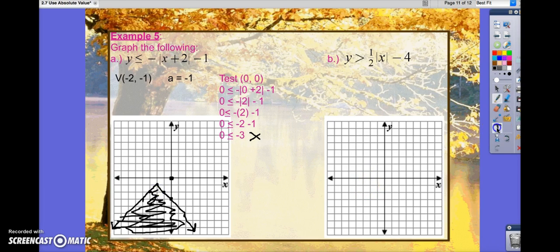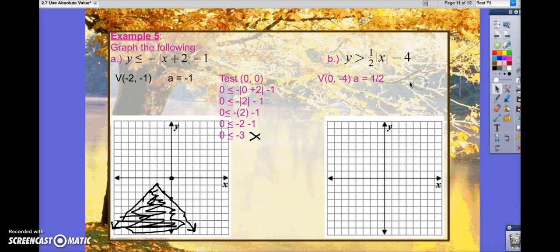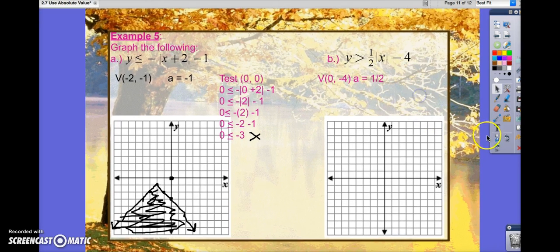All right, let's try the other one. Once again, my vertex should be 0, -4. A is 1/2. So let's plot our points: 0, -4 is here. 1/2 is up 1, right 2; up 1, right 2.